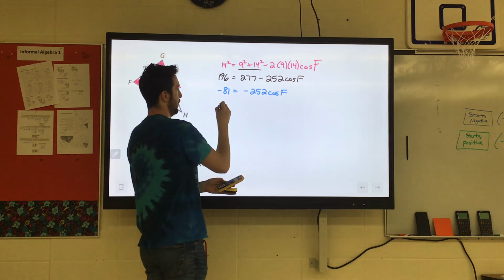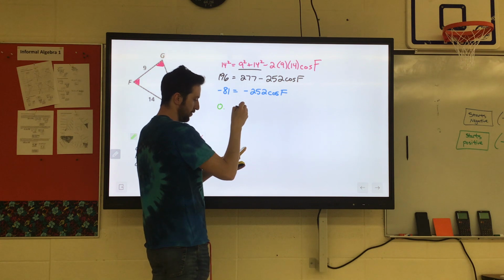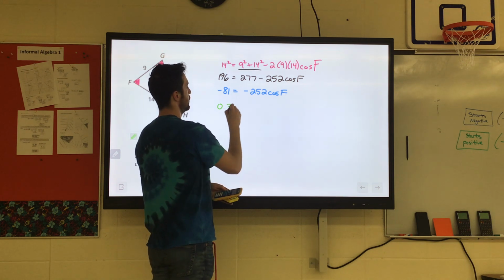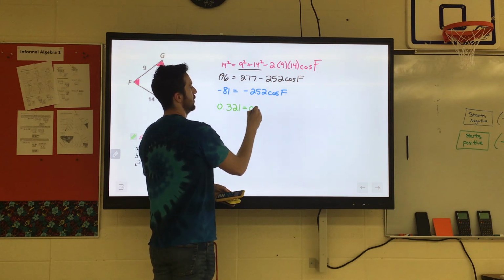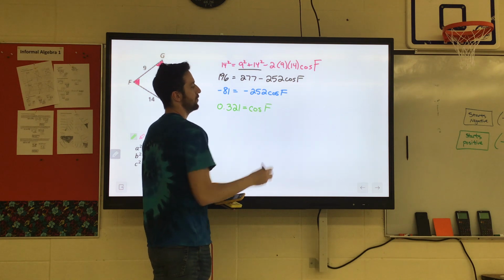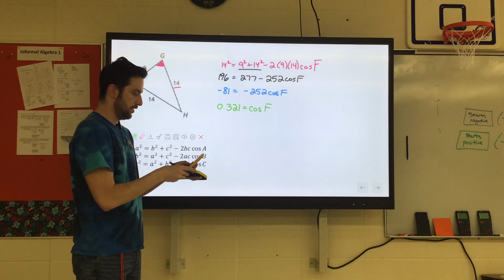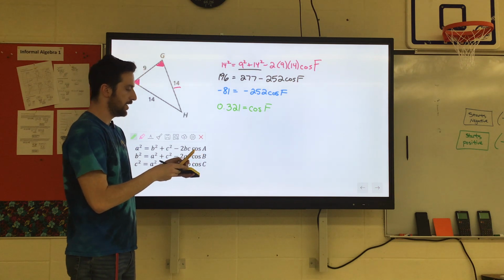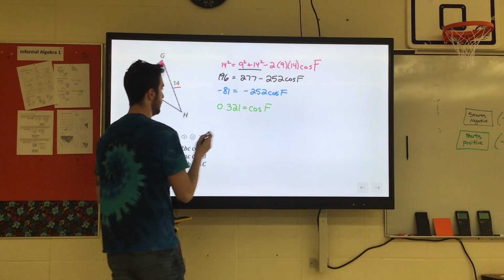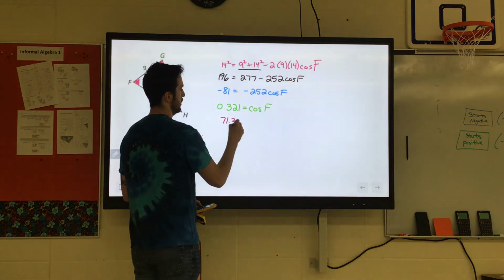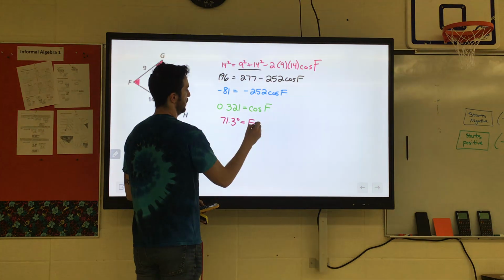And it comes out to positive 0.321. Cute. That's cosine F. So then we have to do the cosine inverse button. And I have 71.25, so I'm going to call it 71.3 for angle F.